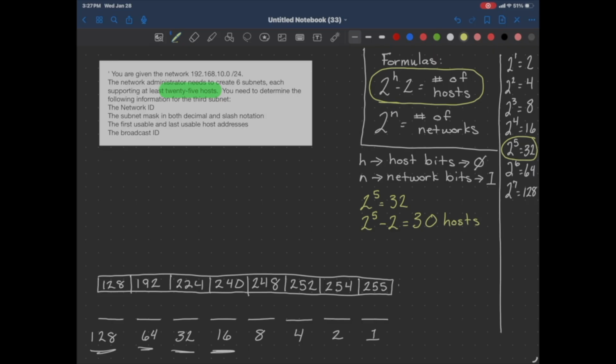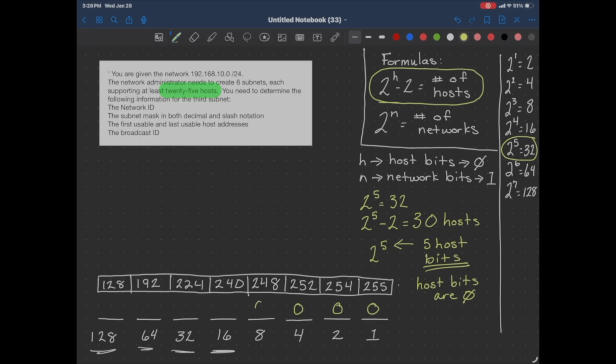Now, what I can do is just use this 5, 2 to the 5th. If I use the 5 for my host bits, which are zeros, I can just write in 5 zeros.